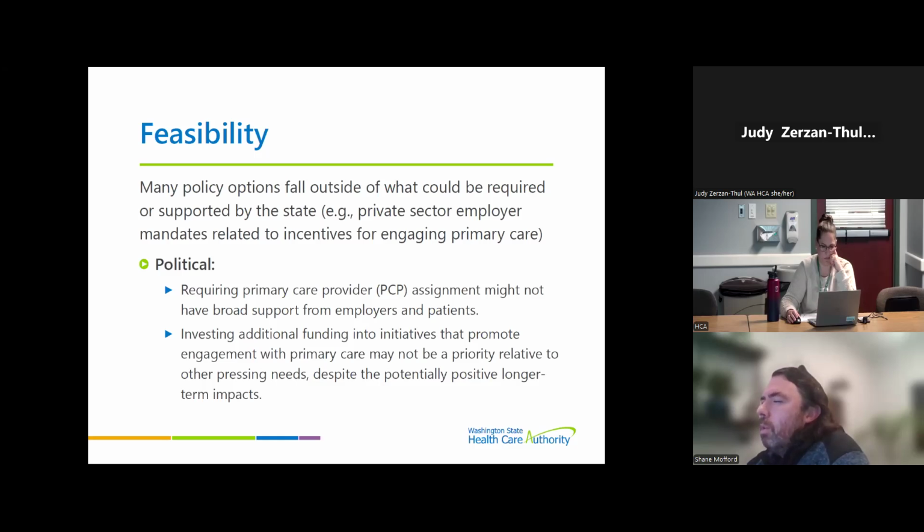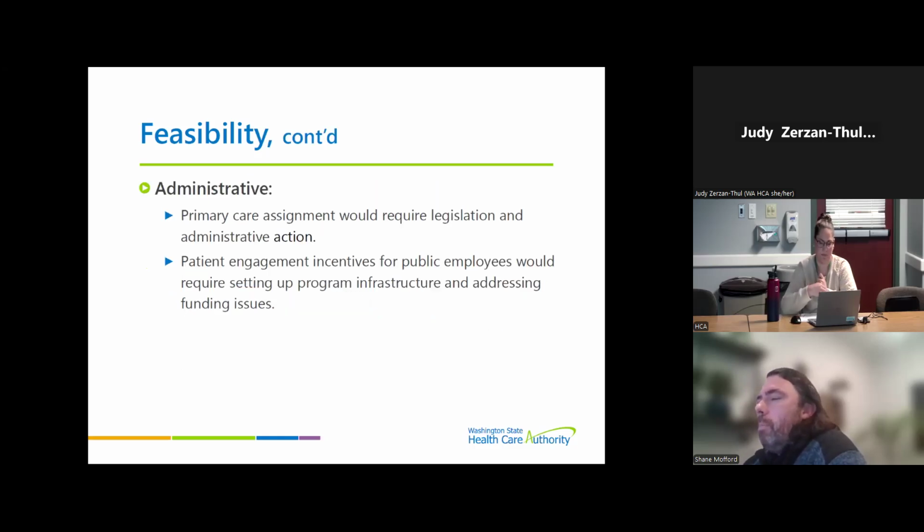Additionally, and this is really depending on which specific strategies might be recommended, but political feasibility, this is looking at the example of what Oregon implemented with Senate Bill 1529, requiring primary care provider assignment. It might not have broad support from employers and patients. We don't fully know, but people do tend to like choice. And then additionally, investing funding into initiatives that promote engagement with primary care. If it costs more money, it may not be a priority relative to other pressing needs, despite the potential positive longer-term impacts. Next slide. Thanks very much.